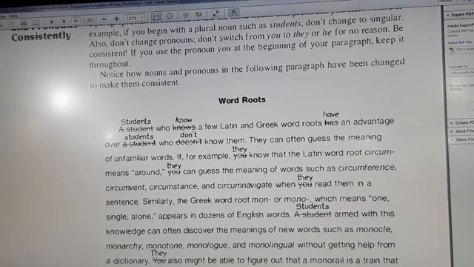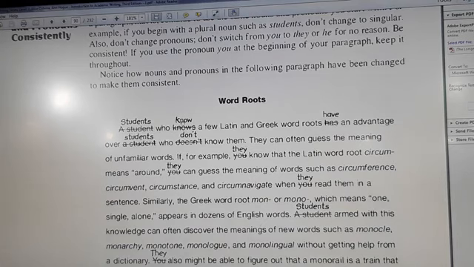I can't say students who knows, because the subject is plural, while the verb here is third person singular. A student is singular, so we say a student who knows, but I can't say a student who know. Why? Because the subject is singular and the verb here should be with s, third person.